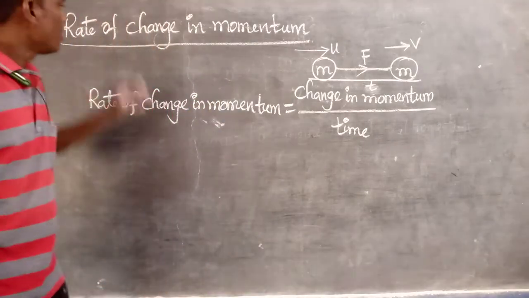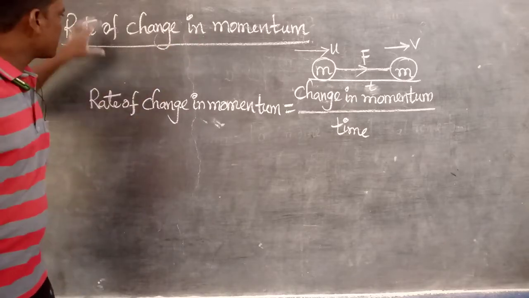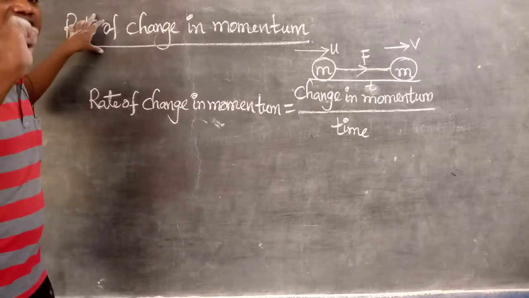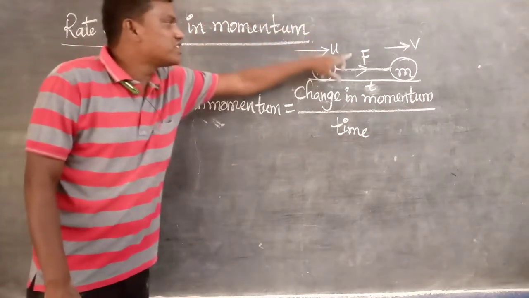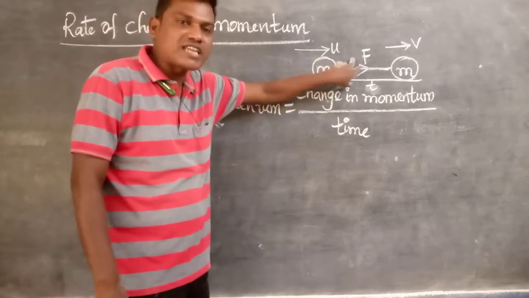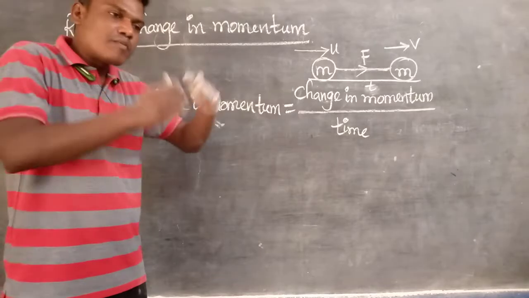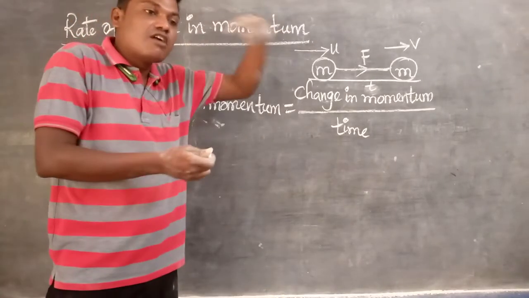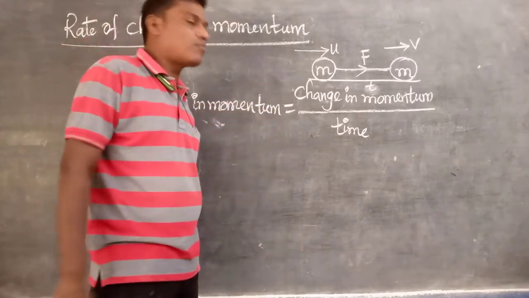This is the formula to find the rate of change in momentum. Rate means you can take the time. The momentum changes after applying the force. How much time? t time. That's why you can take the time also. It means the momentum of a body changes with respect to time. That is the term rate of change in momentum.